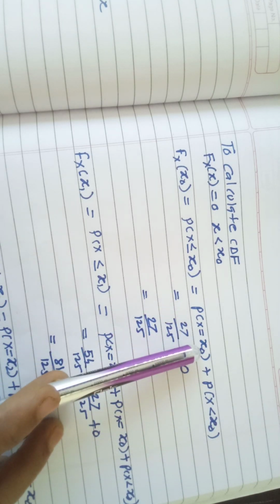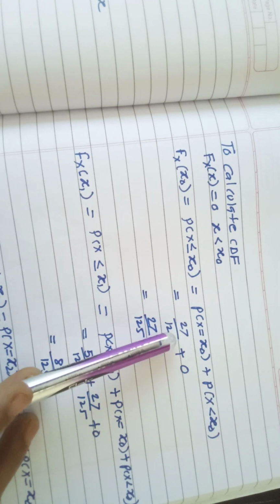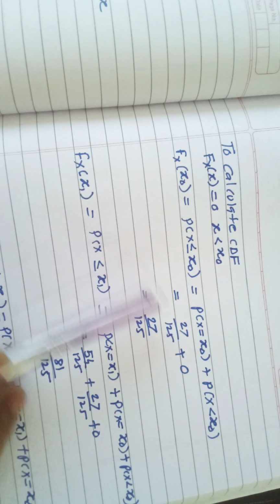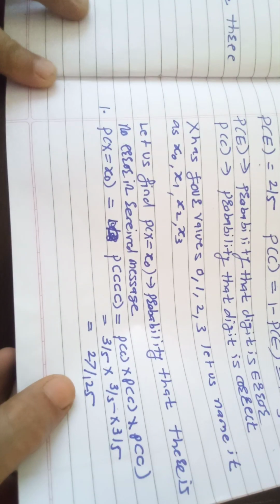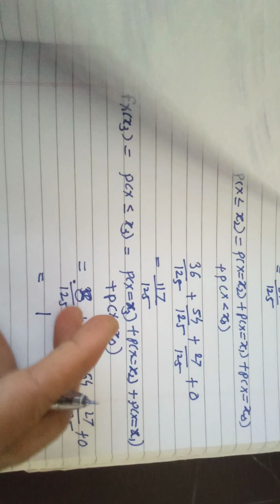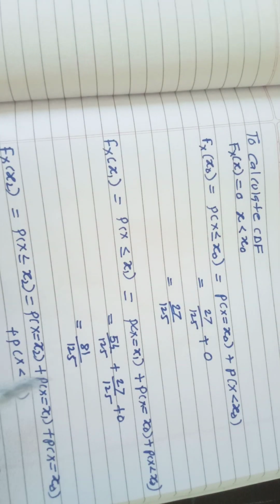Now probability X equal to x0 we have calculated as 27 by 125. You have seen that already, but we will see it once again if you want. So F_X of x0 is 27 by 125.